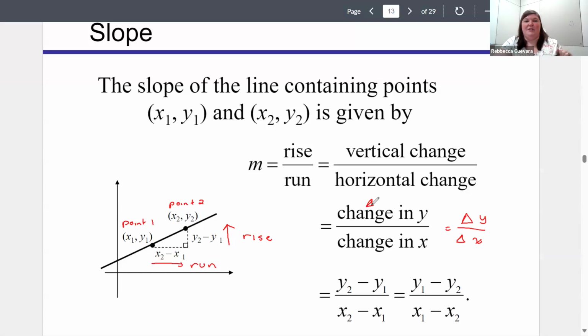But probably the best way to do slopes, so you're less likely to mess it up, is one of these formulas. So when you look for slope, we call it m. And if you remember, y equals mx plus b, we said m is slope. So that's why we're calling it m, to go back to that slope-intercept form.